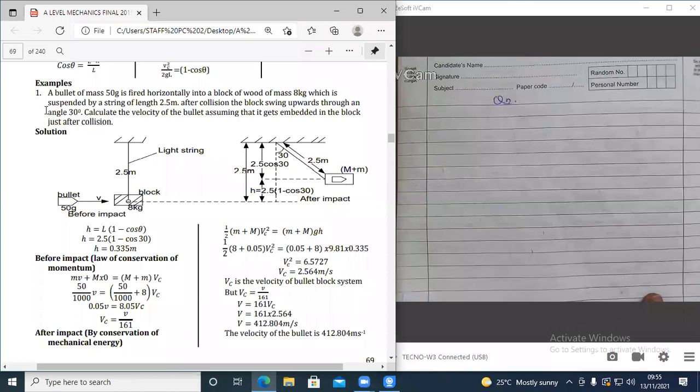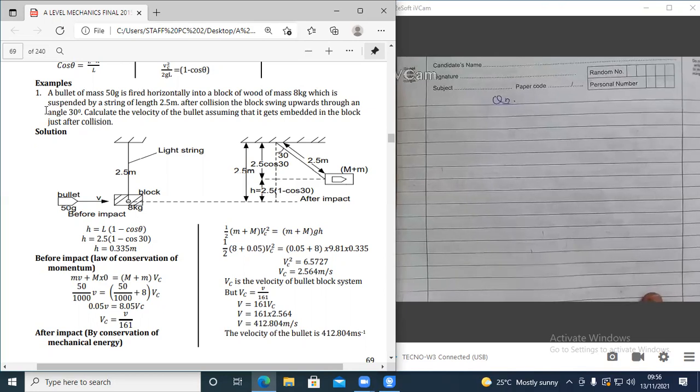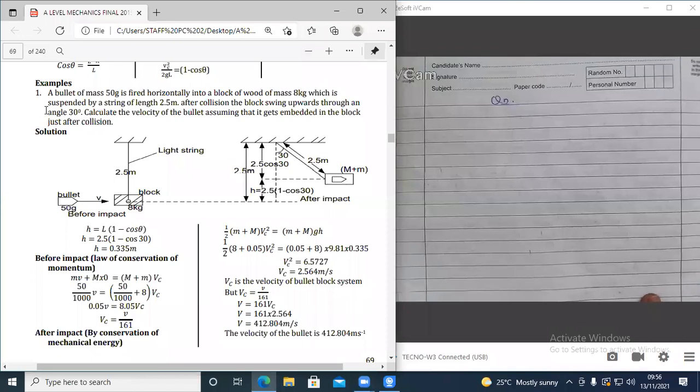After collision, the block swings upwards through an angle of 30 degrees. Calculate the velocity of the bullet, assuming that it gets embedded in the block just after collision. Which means it's going to form a ballistic pendulum.